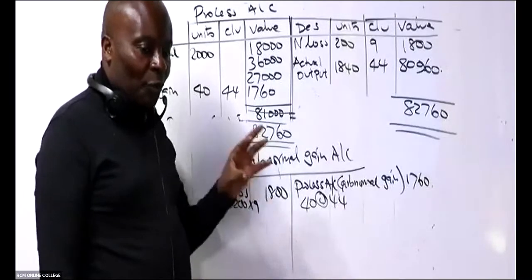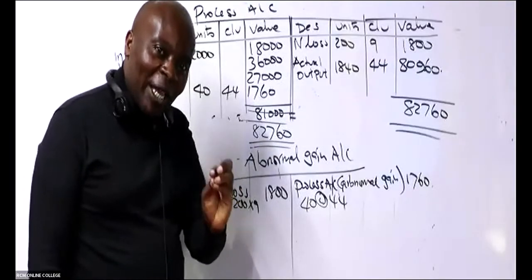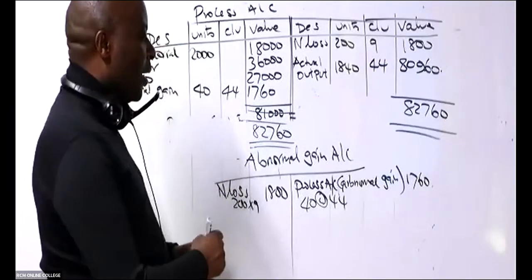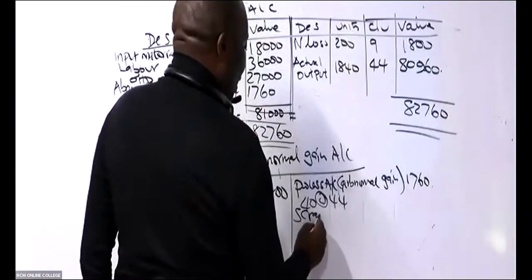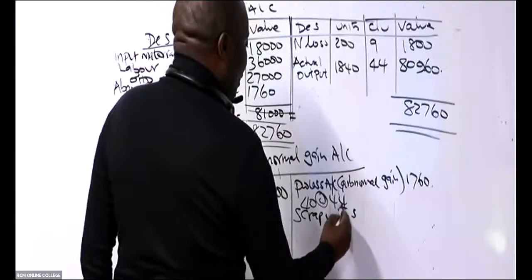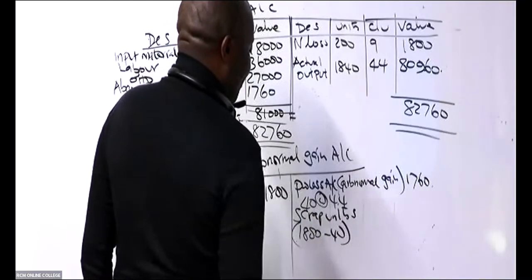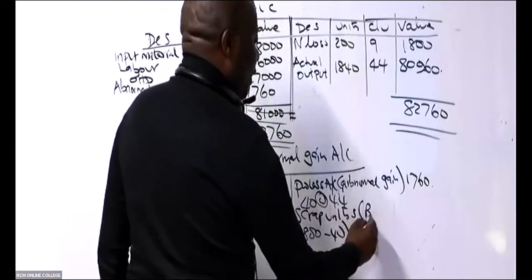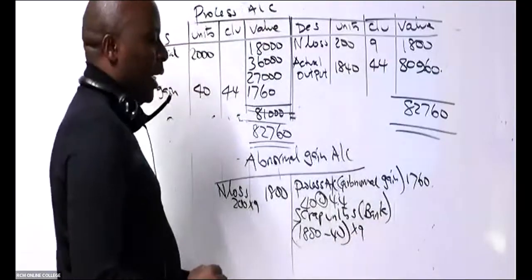Out of 200 expected loss units, there is an abnormal gain of 40. So basically, in this case here, the scrap units will be 200 minus that 40. So this one here, we shall sell them at 9 bob and receive the money in our bank account.